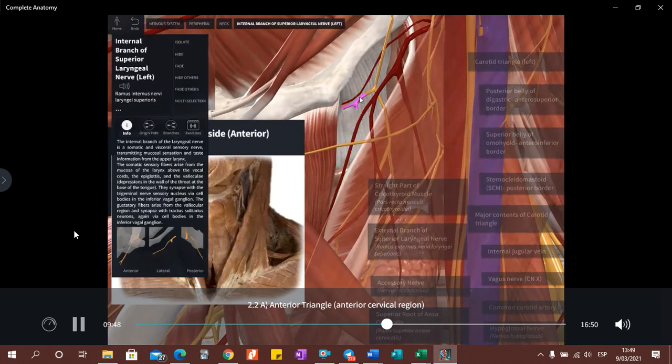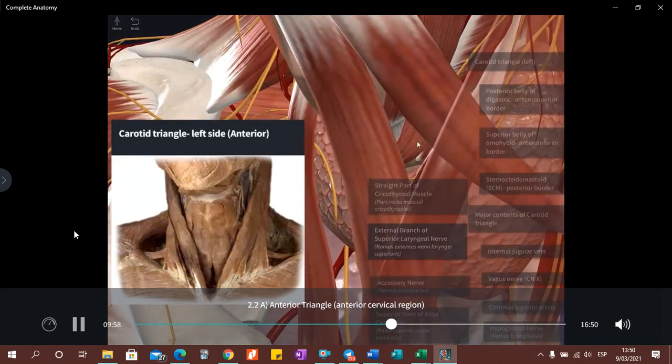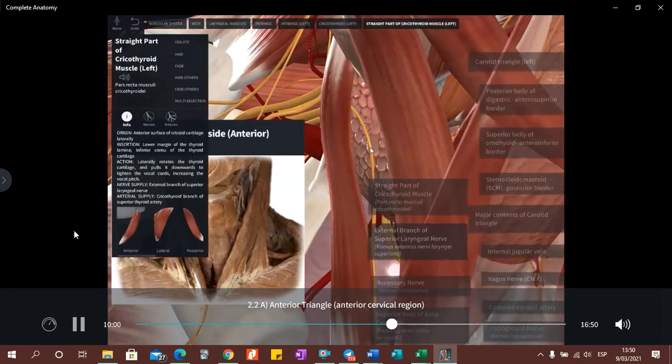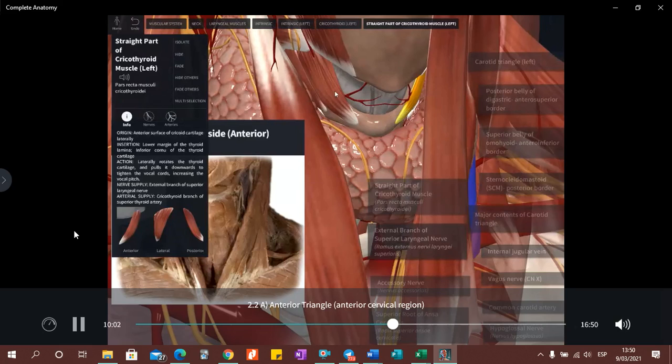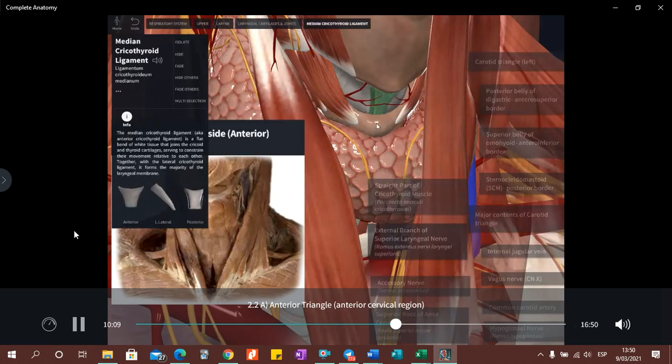Please note that as this is the internal branch, that means there should also be an external branch, and sure enough there is. See, it actually goes all the way down here and it goes to the cricothyroid. The cricothyroid is this little muscle that you can see right here, and also on the other side right here. In the middle you have this here, which is called the cricothyroid ligament.